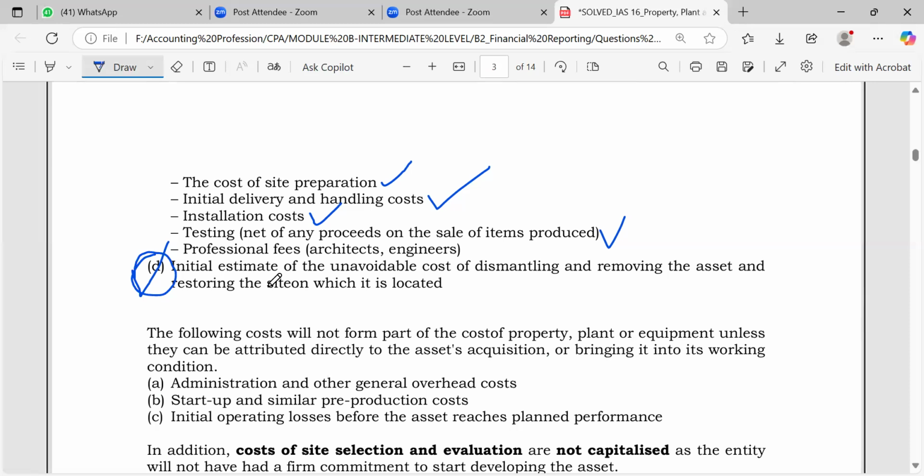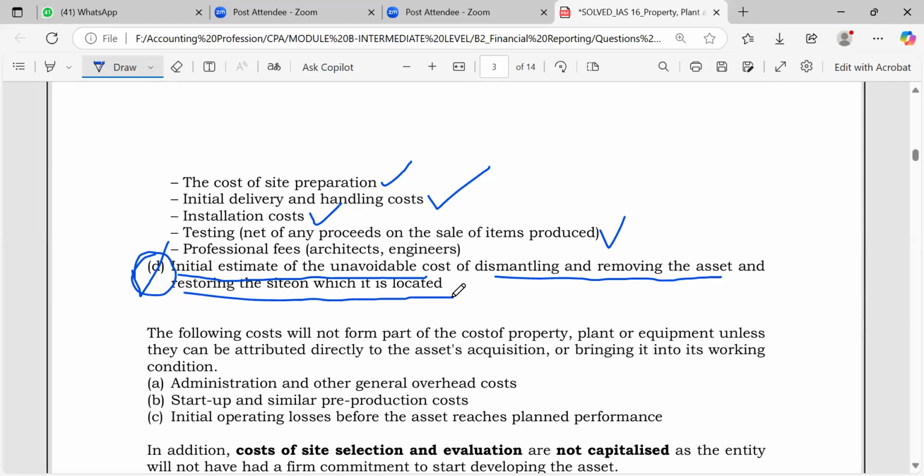The foundation for telecommunication towers is usually so deep. They dig, they clear the land, so the area becomes like nothing ever happened there. So that cost is also involved. That's why we say initial estimate of the unavoidable cost of dismantling and removing the asset and restoring the site on which it is located.